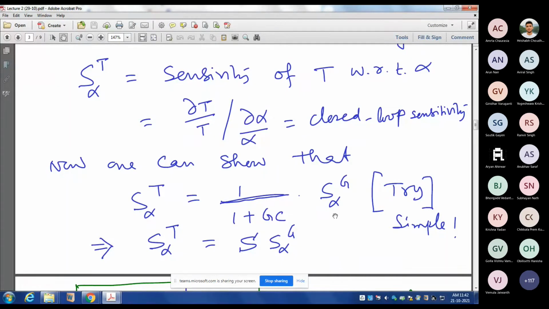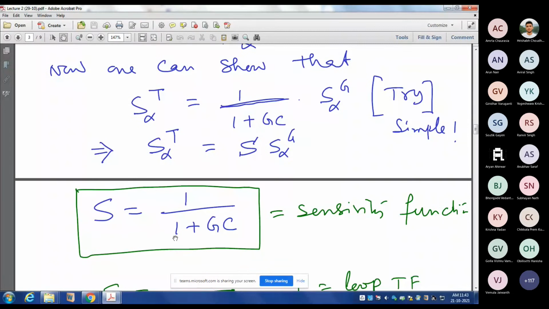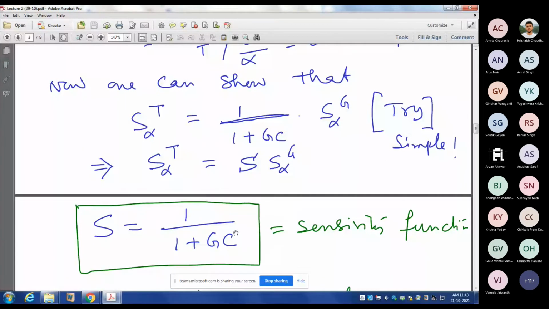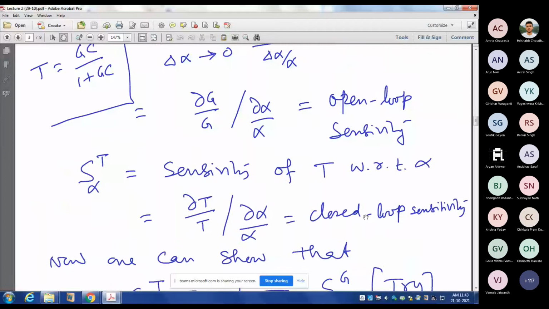So from this you can easily see that closed loop sensitivity is equal to S into open loop sensitivity. This S is very important. This is 1 by 1 plus GC, where G is the nominal plant, with alpha at its nominal value.